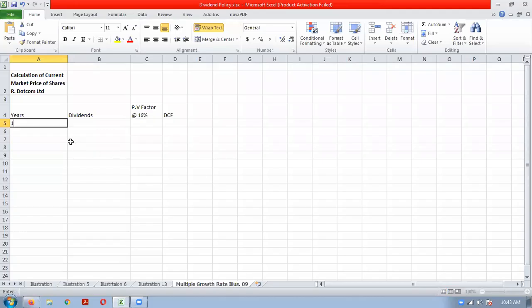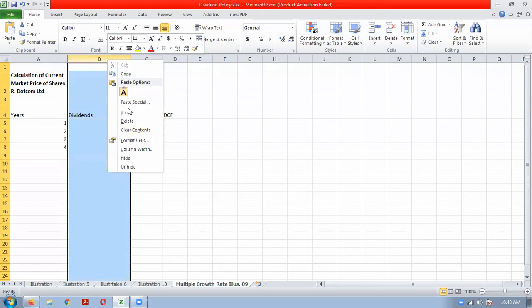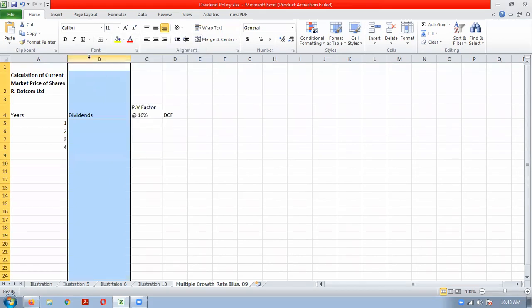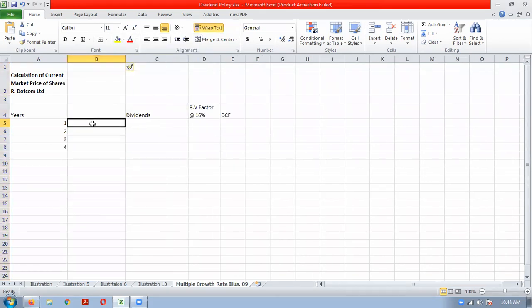1, 2, 3, 4. Here one column I am adding, but you need not add this, it is for understanding purpose.